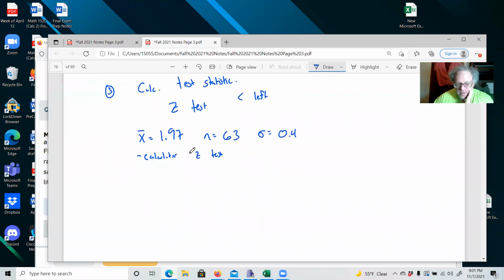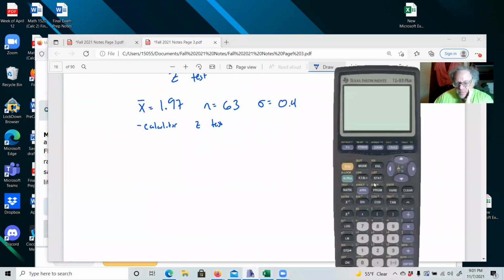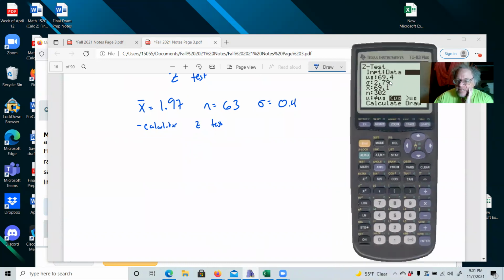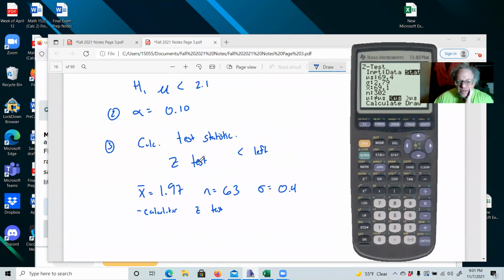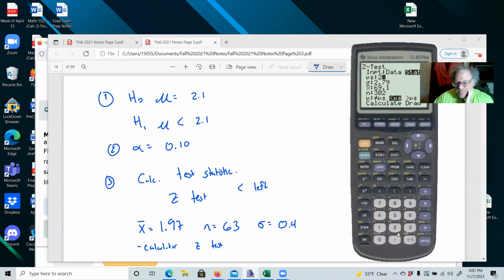Okay, so going to the calculator, we're going to go to stat. We're going to turn it on. We're going to go to stat. Z-test, there we go. And we're going to still do some statistics. Our average, right? What was our average? Our average was 2.1. Okay.